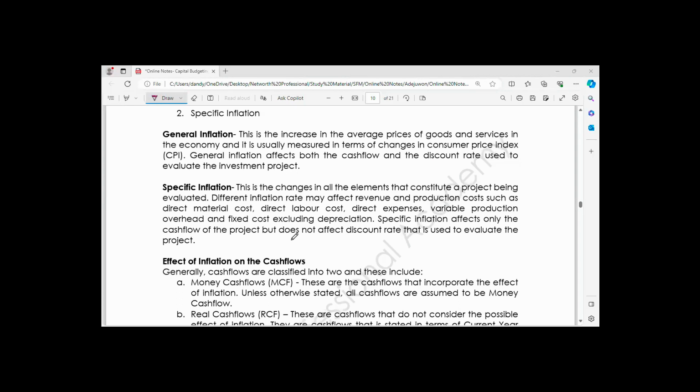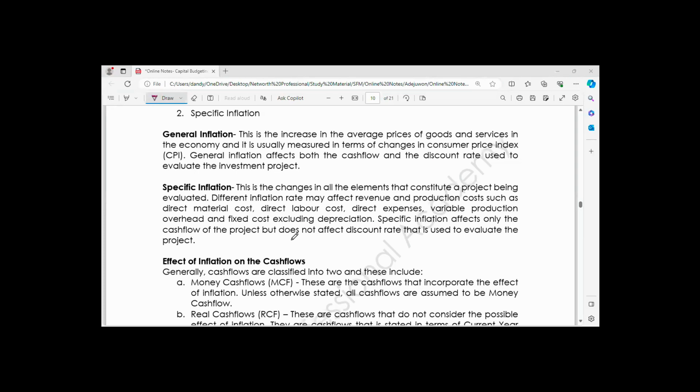That is, they are inflated cash flows. What that means is that if you are given a money cash flow, that cash flow has already been inflated. Therefore, there is no need for you to inflate it again. I repeat, if you have money cash flow, the cash flow has already been inflated. There is no need to further inflate it.